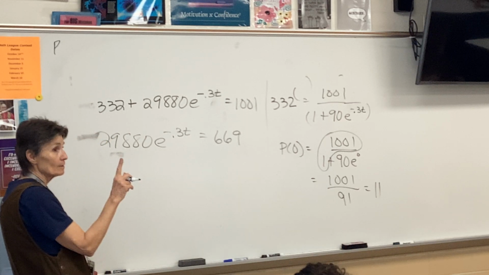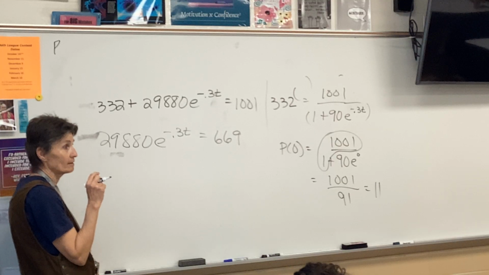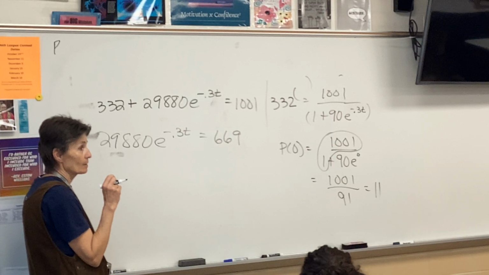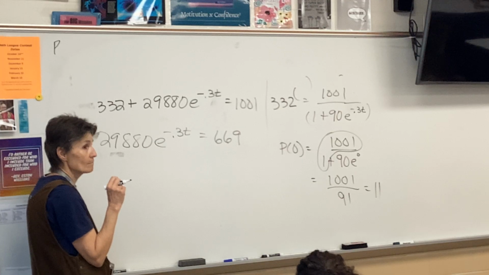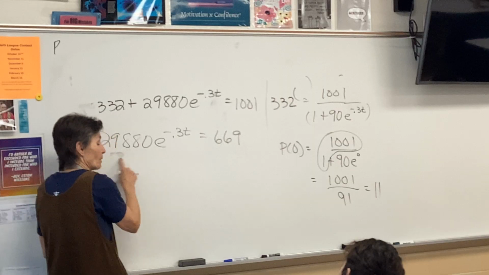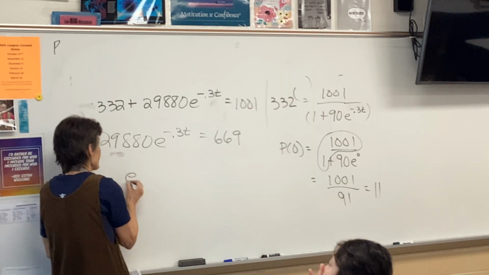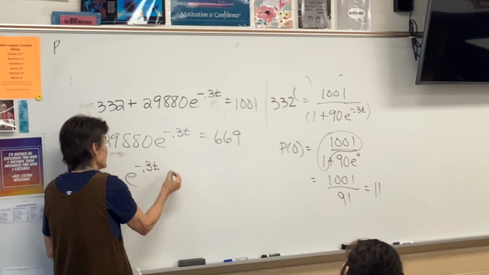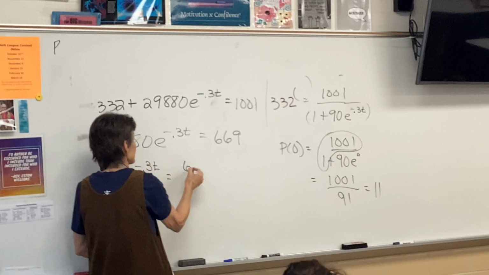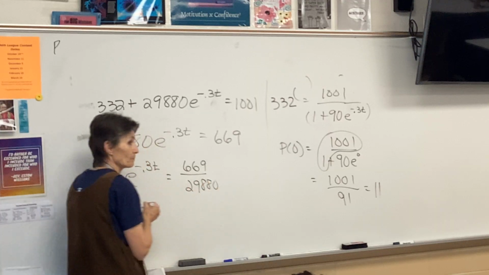Not yet. There's one more thing I need to do before I take the ln of both sides. What is that? I gotta divide. You gotta get rid of this number. Okay, always, always, always get rid of this coefficient. So e to the negative 0.3t equals 669 over 29,880.